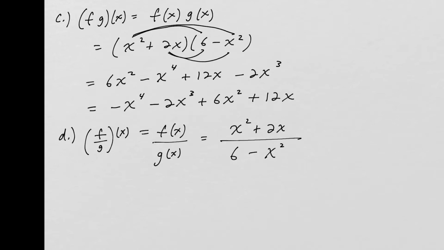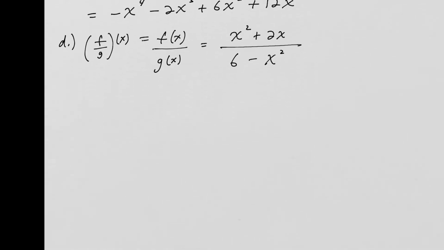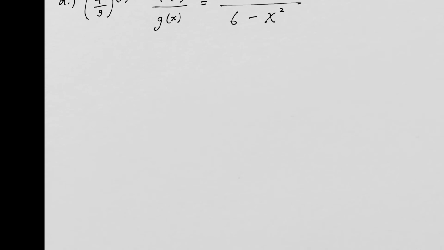Okay, so that's the basic idea of adding, subtracting, multiplying, and dividing functions. Now, another way that we can combine functions is called a composition. All right, so let's talk about that next. So a composition. So composition of functions.